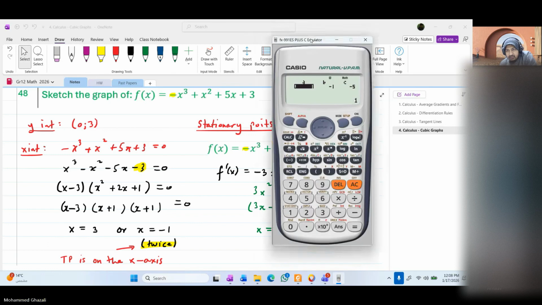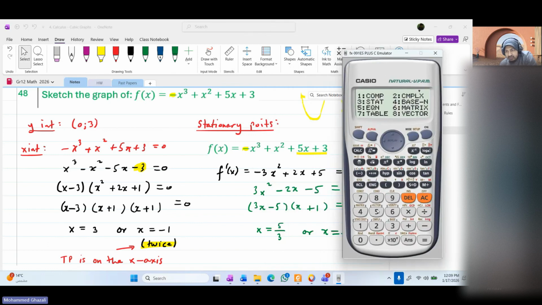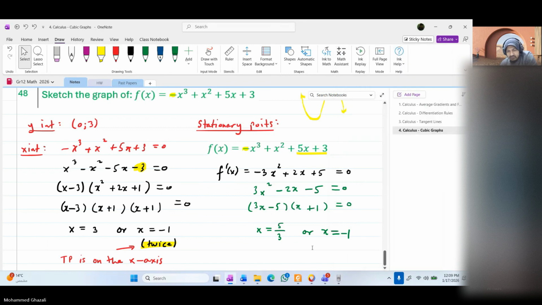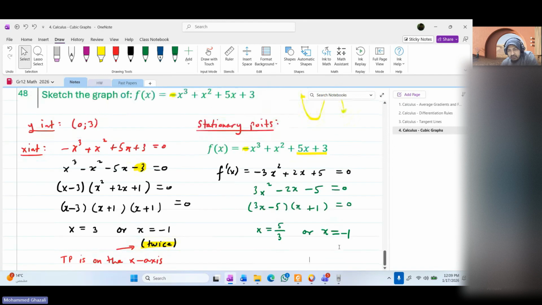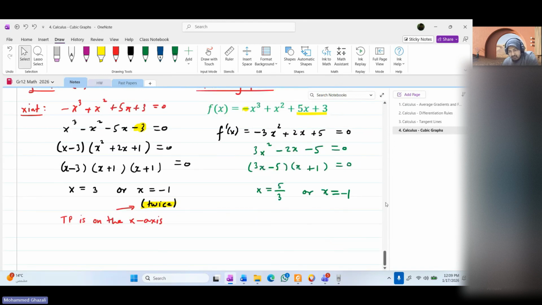Let's check. You're going to go mode 5 and quadratic equation, which is 3. So you got 3, minus 2 and minus 5. Okay, so I'm getting 5 over 3 and -1. Now since x is equal to 5 over 3 and x is equal to -1, no need to worry about -1 because if I substitute -1 into the original function, I will get 0.